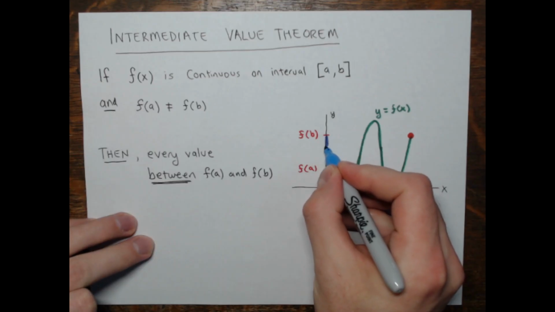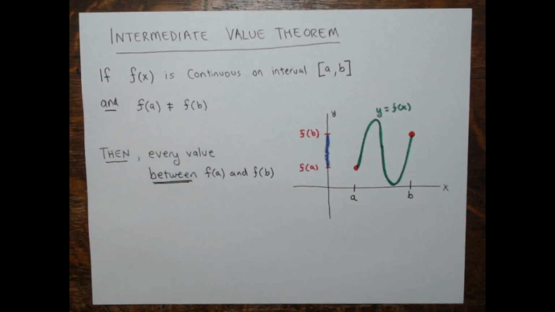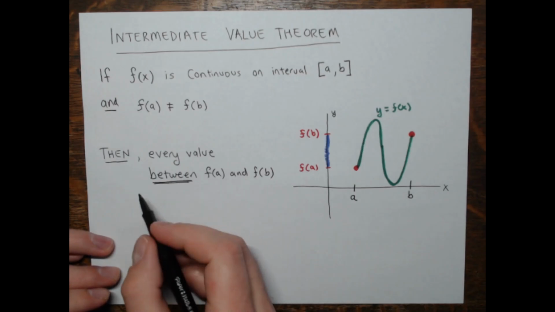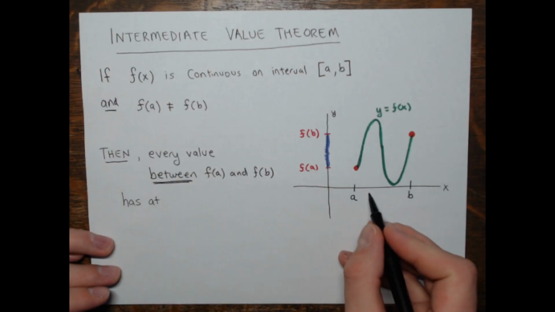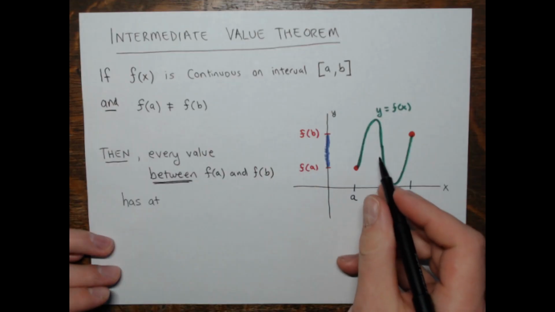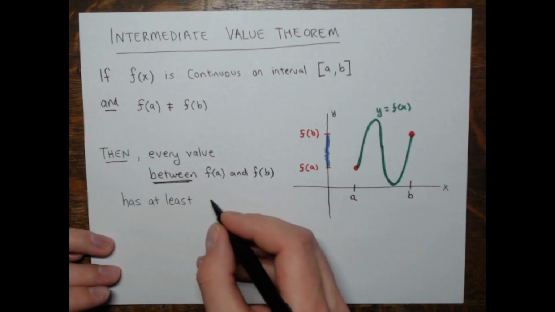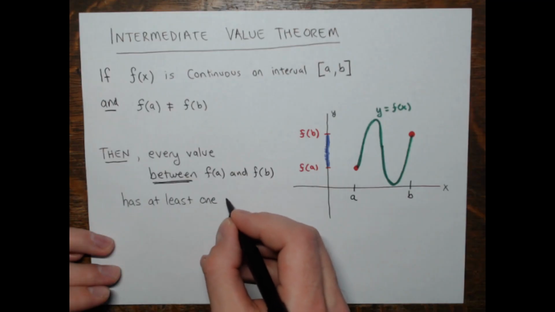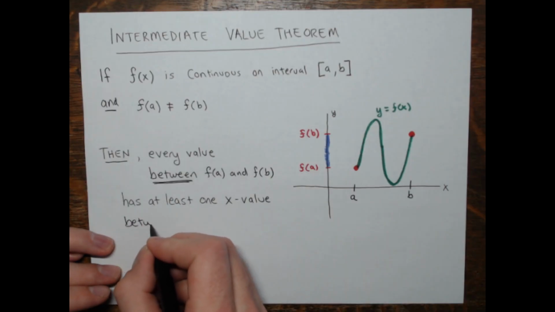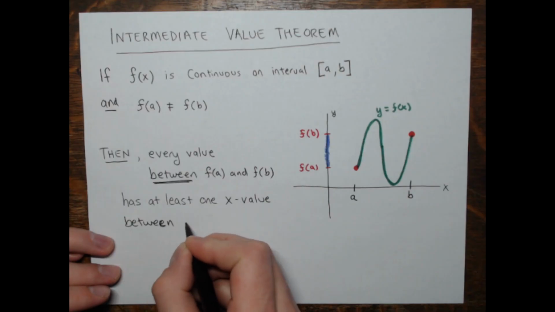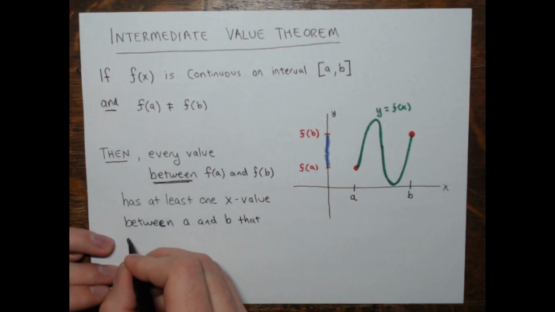So all these values in between, just the ones between f of a and f of b. So every value between f of a and f of b has at least one x value between a and b that maps to it.